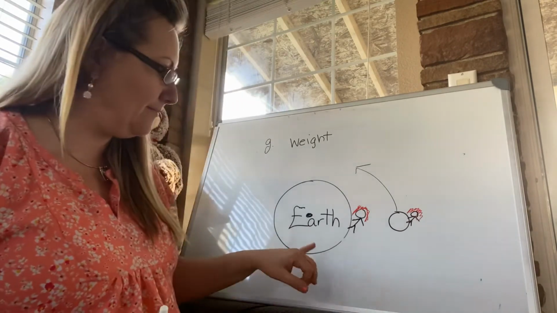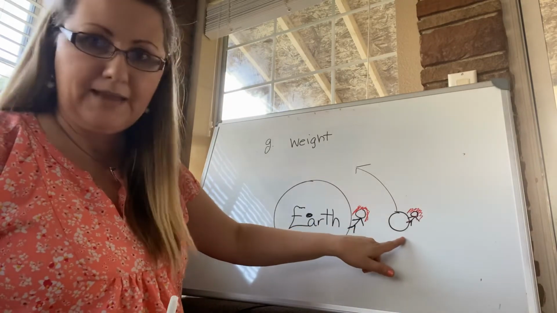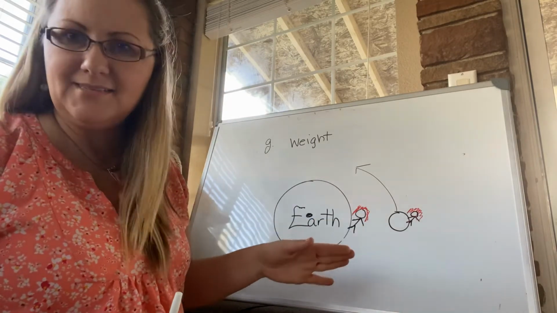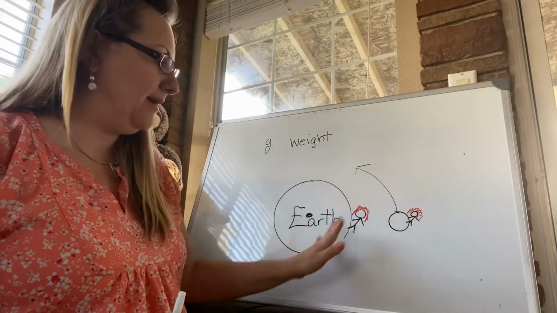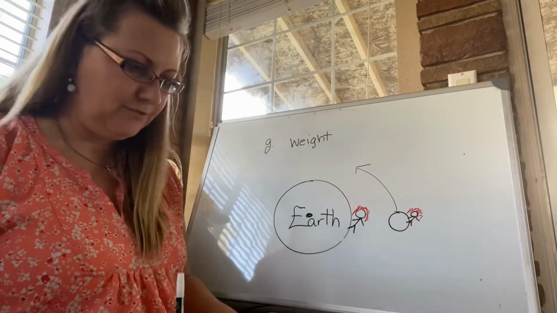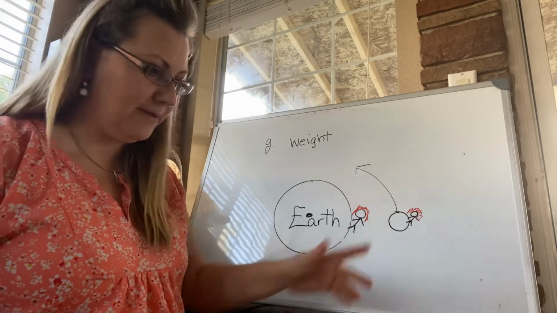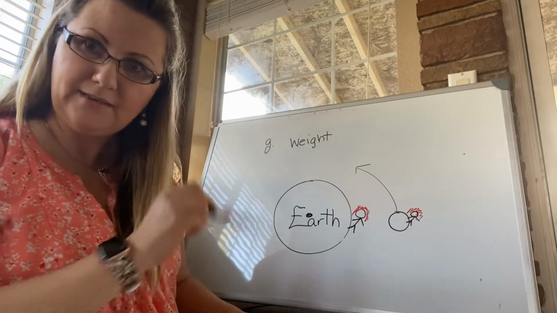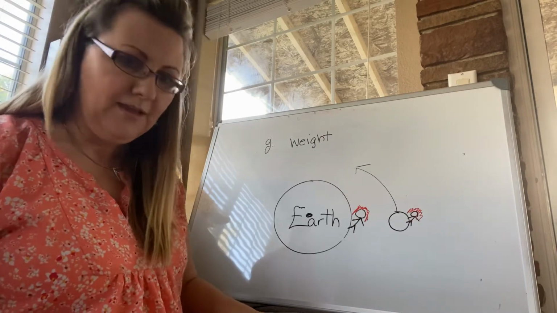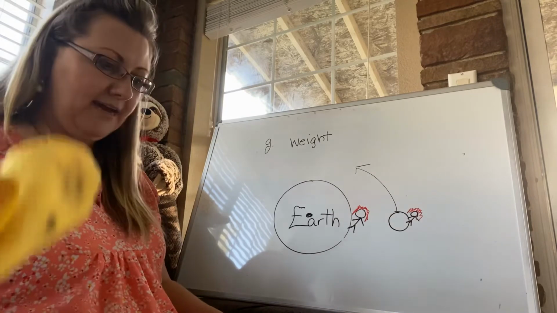And so whether I'm on the earth or on the moon, my mass is exactly the same, but my weight will change. If I'm up on the moon, it will be 1/6 of what it is here on earth.